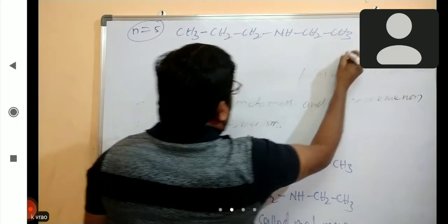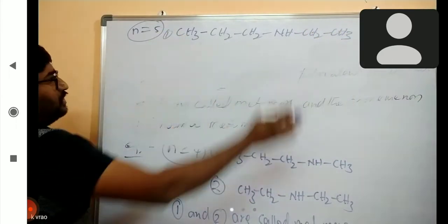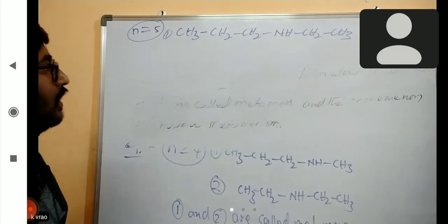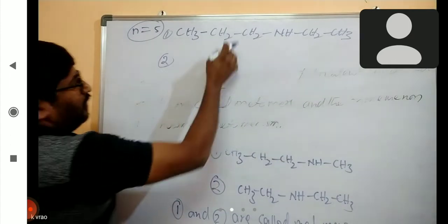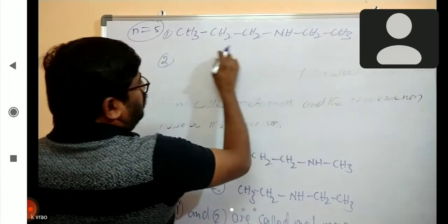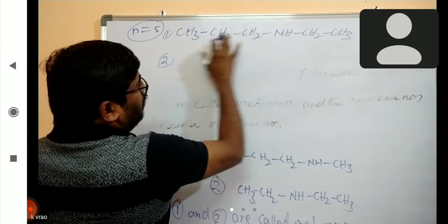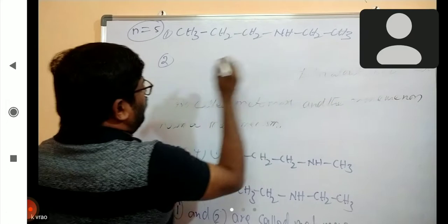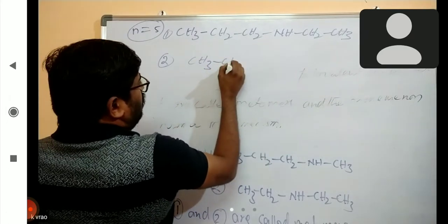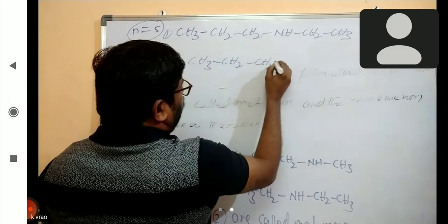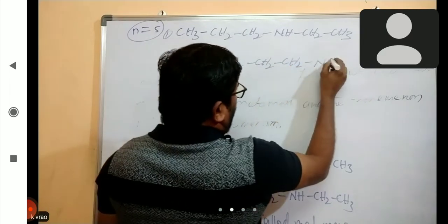So the total number of carbons is equal to 5 here. Next, if I change the alkyl group, here 3 and here 2, 3 plus 2, total 5. So here CH3, CH2, CH2, CH2, NH, CH3.